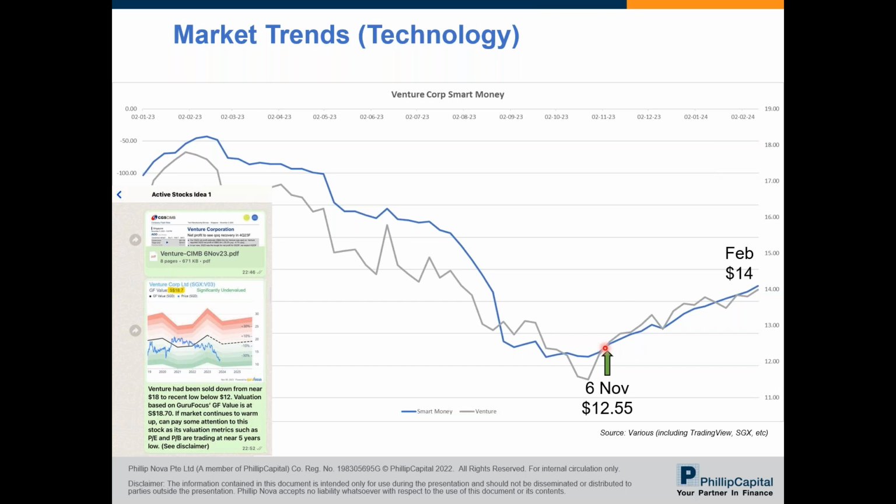So when do you decide to sell? Week by week, as we study the smart money chart, as long as the smart money stays committed and keeps on accumulating the stock, then I will keep on holding.